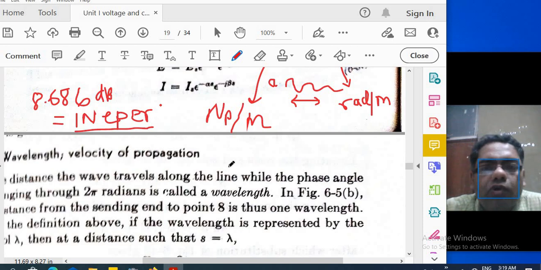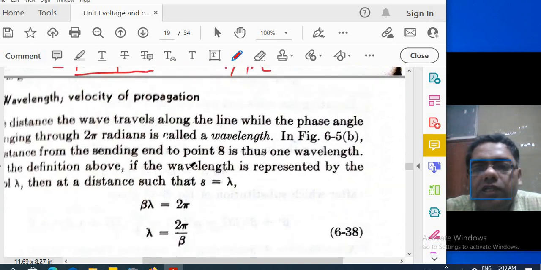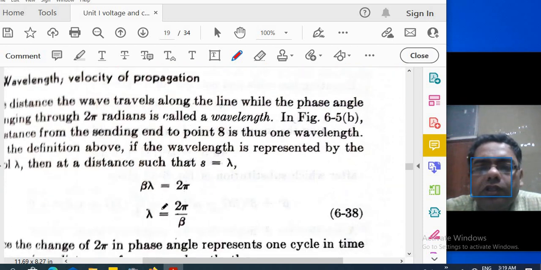Now another point you have to keep in mind is the relation between beta and lambda. Beta can be written as 2 pi by lambda, because beta is how much the phase changes when the wave travels unit distance.